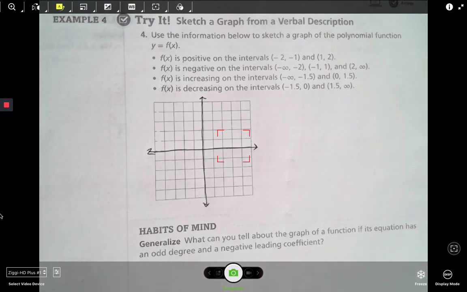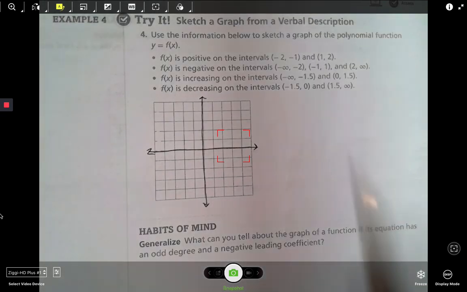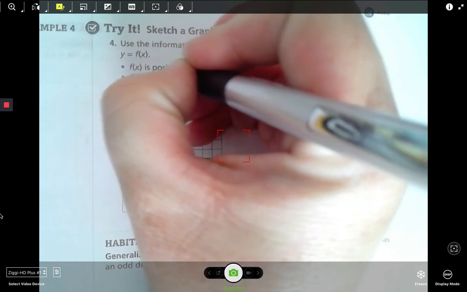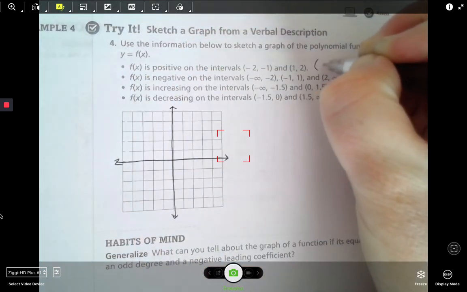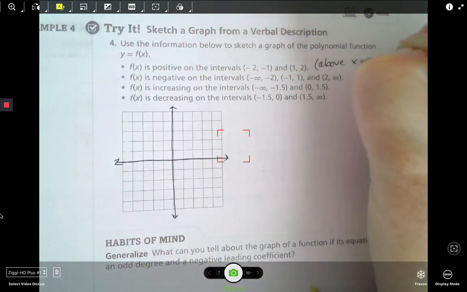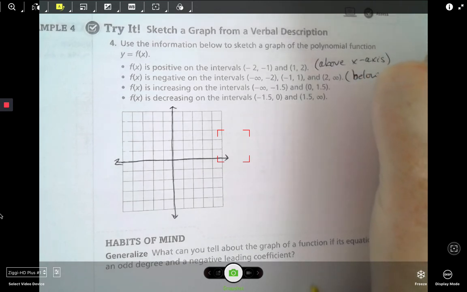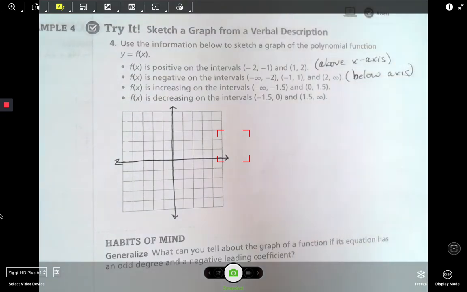It is negative on the intervals from -infinity to -2, -1 to 1, and 2 to infinity. So what that means, because that's back from I think chapter 1, is positive tells me it's going to be above the x-axis. Negative tells me it's going to be below my x-axis.